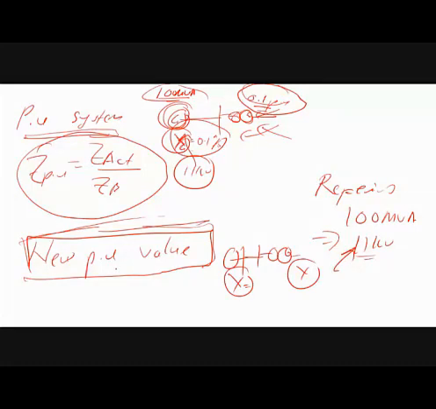But in real life, usually you have to calculate the new per unit value for all the power system equipment: generator, transformer, transmission line, loads, motor, and so on.